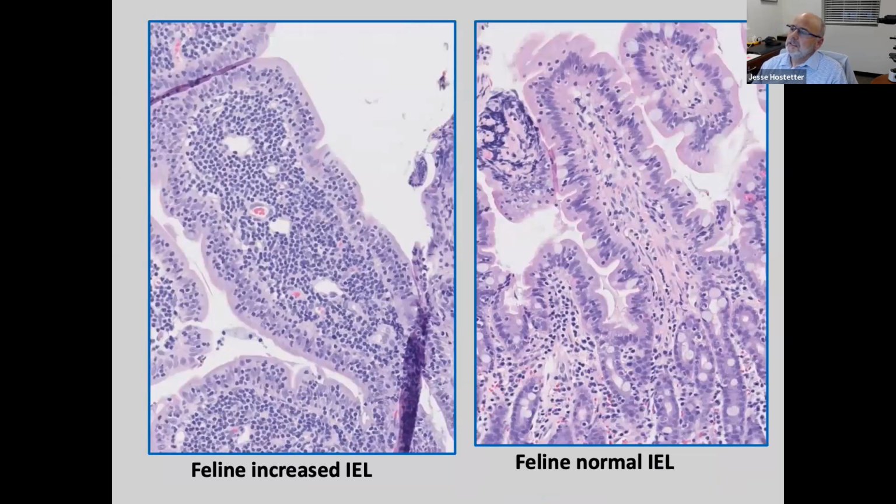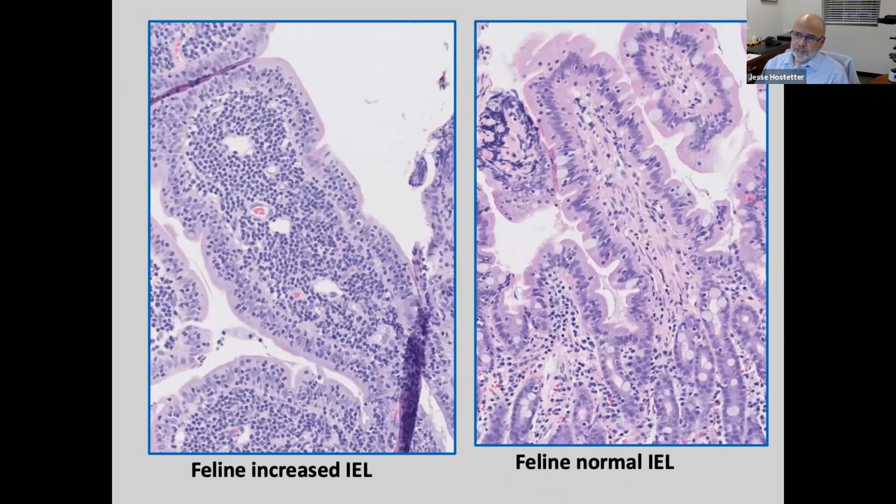This is cat. And so on this side of the screen, this intestine, there's a major increase in intraepithelial lymphocytes, especially when you compare it back to the normal feline intraepithelial lymphocytes. But we have to be a little bit careful here. And I may get time to talk about this later tonight. I don't know if we'll get there or not.